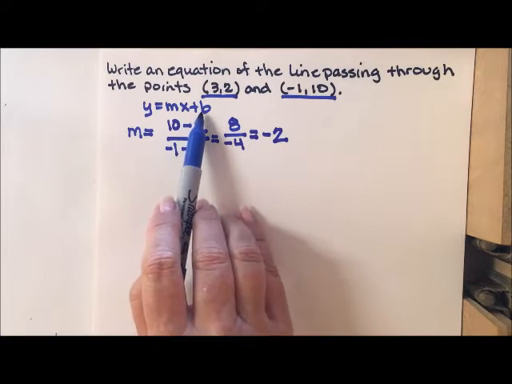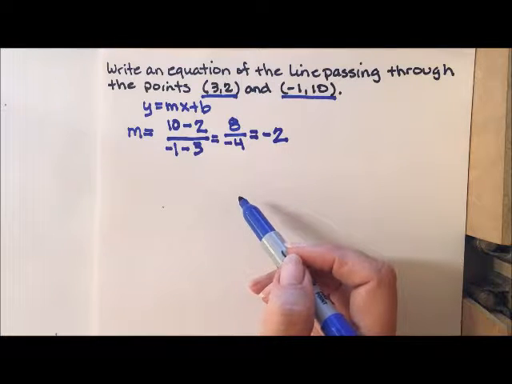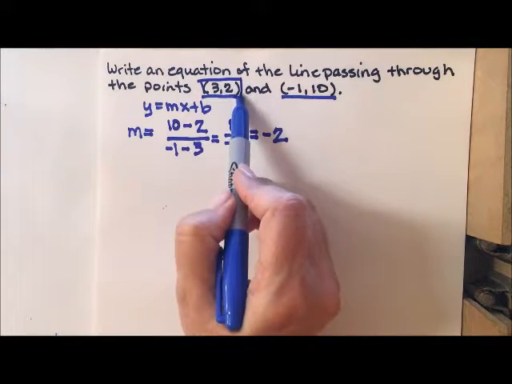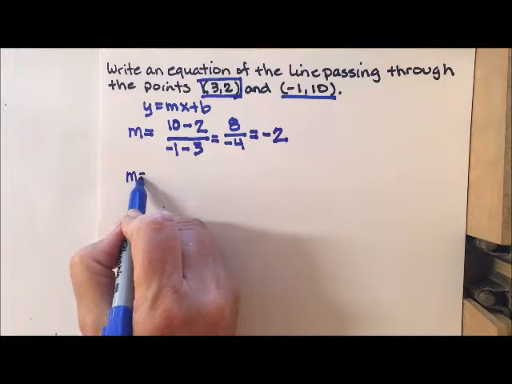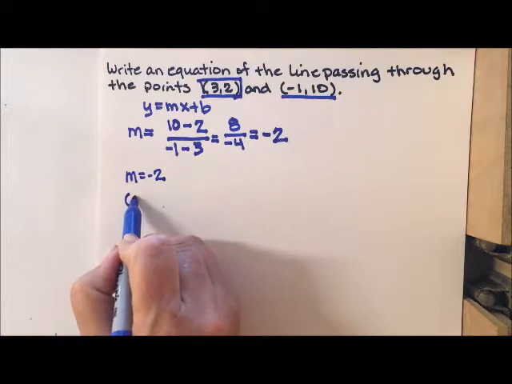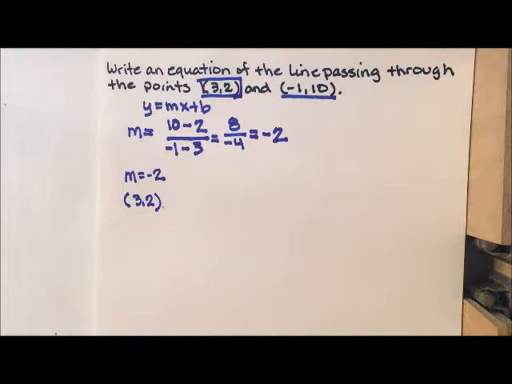Now, in order to find b, we need to have an x and a y and a slope. Well, I do have an x right here and a y. So I'm going to use my slope equals -2, and I'm going to use my point (3, 2). And just like we did in our last lesson, we'll substitute those into slope-intercept form, and we'll calculate b so that we can write our equation.